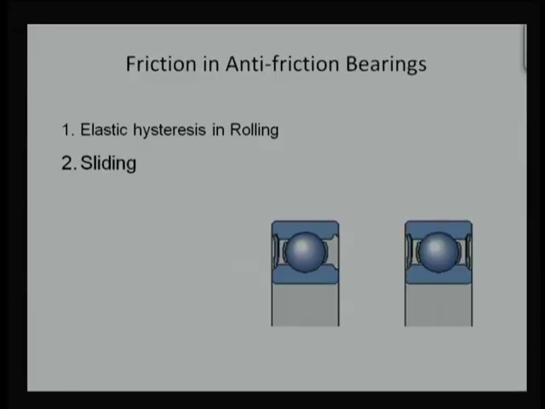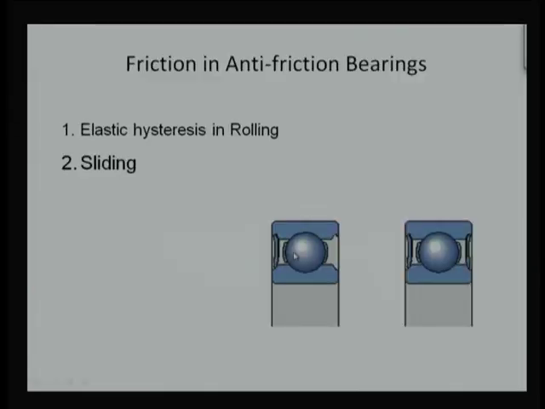In rolling element bearings we know there will be a cage to keep separation between the rolling elements, between the balls, between the rollers, and that separation occurs with some sort of contact on the rolling element, and there is no rolling action out there.